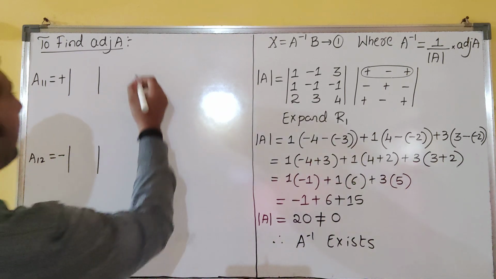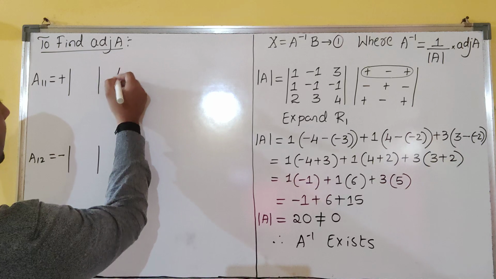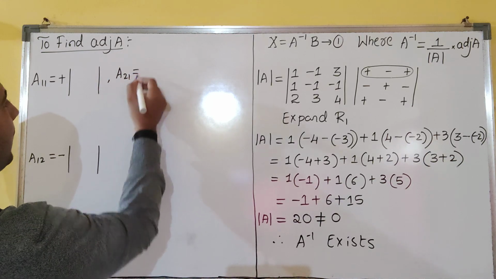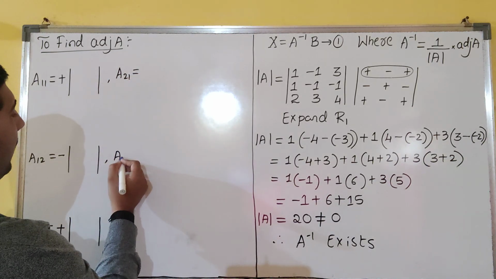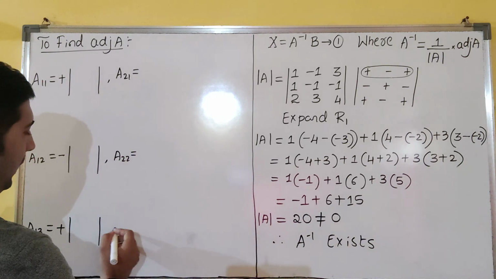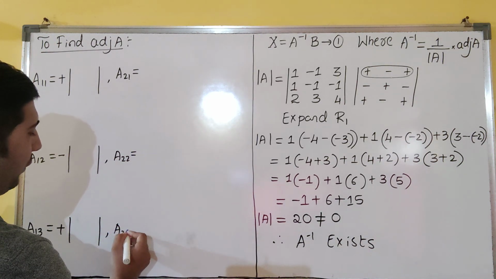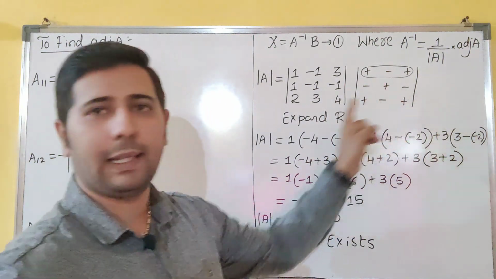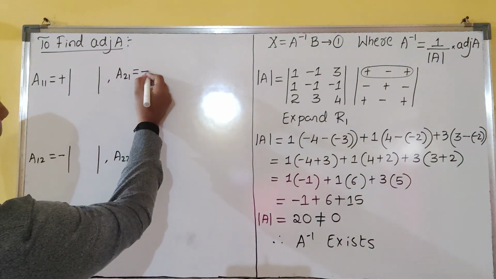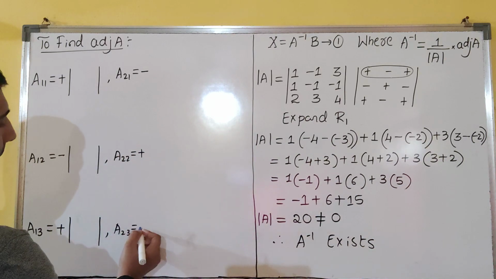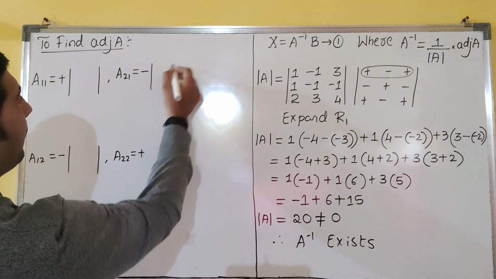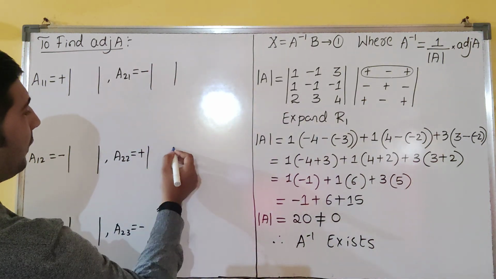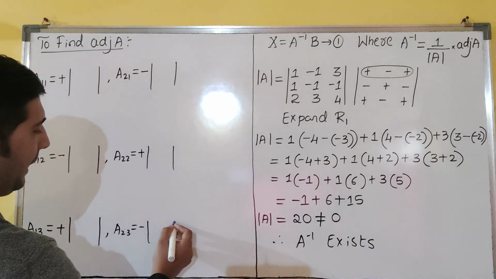So next, that is A21, A22 and next A23. You know again the signs are minus, plus, minus. Same thing you write, and again you write determinants. So use the determinant properly.